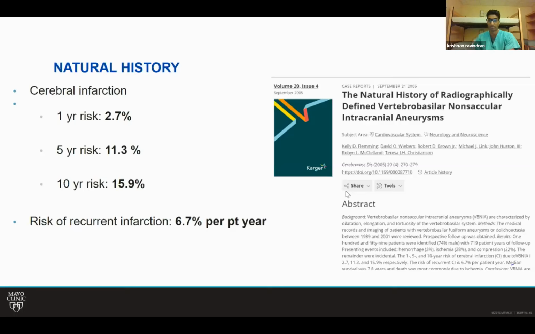In this paper from 2005 in cerebrovascular disorders, they characterized the annual 5-year and 10-year risks of infarction. And as you can see, there's a near exponential increase in infarction rate with VBD when going from 1 year to 5-year risk. And the risk of recurrent infarction is not insignificant at almost 7%.